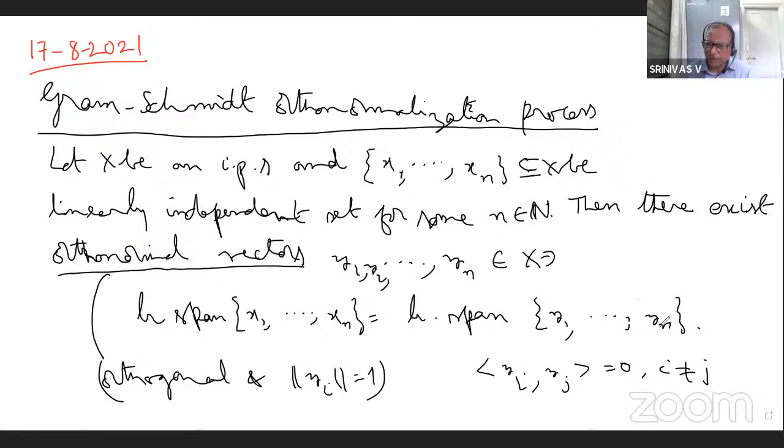Even if they are not orthonormal, orthogonality is enough. If you have n orthogonal vectors in an inner product space, you can show that they are linearly independent because of this property. The inner product of yi with itself is non-zero. It is norm yi squared, and this is positive. Why? This cannot be the zero vector. Why can it not be the zero vector? Okay. Right.